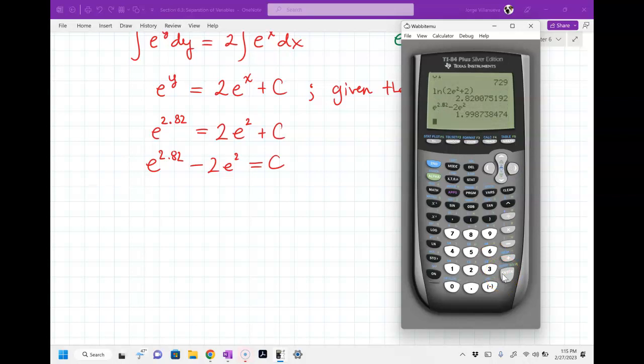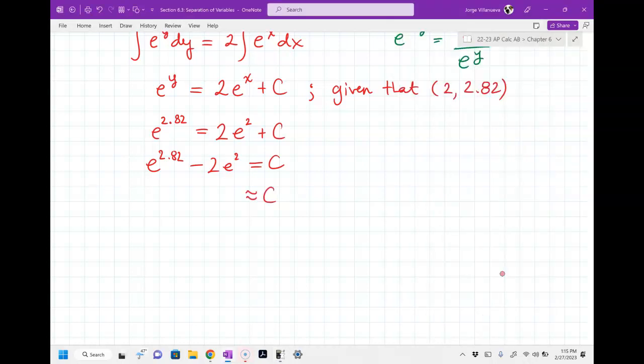I know the 7 is supposed to round it, but remember what I told you guys, round or don't round, that's up to you. If you do round it, 1.999. Leave it at that. If you don't want to round it, 1.998. We'll just round it. Doesn't really matter. But c is approximately 1.999.